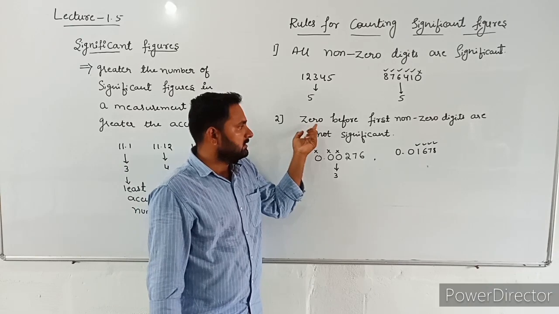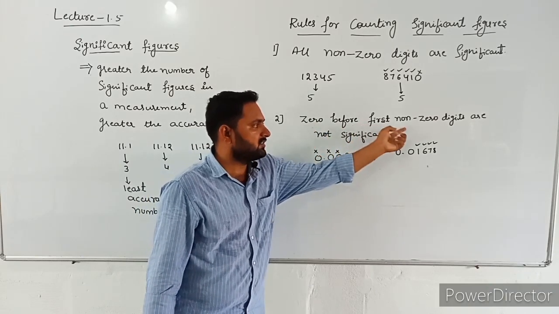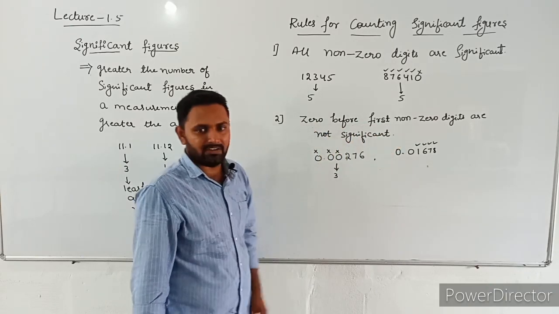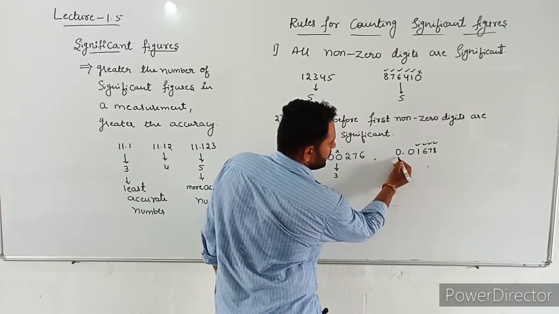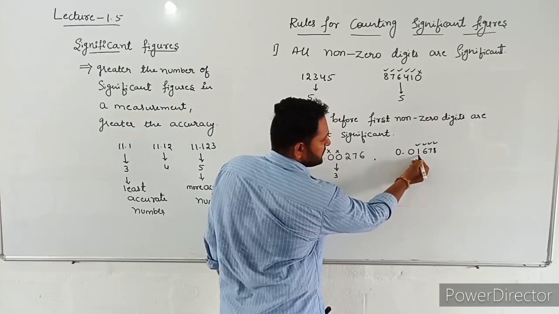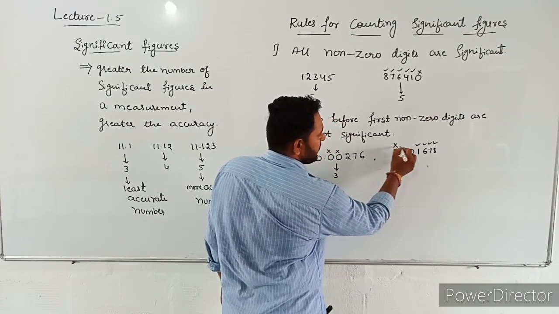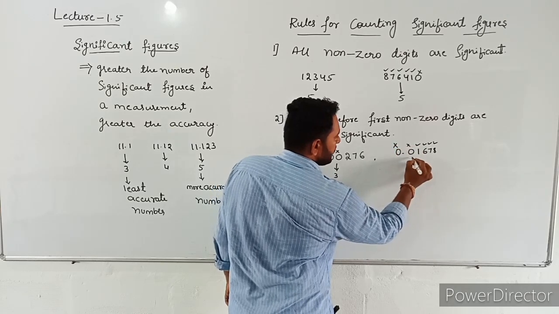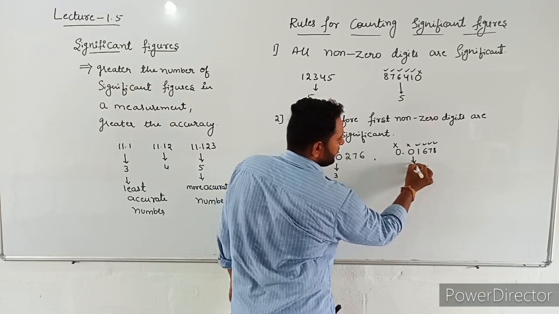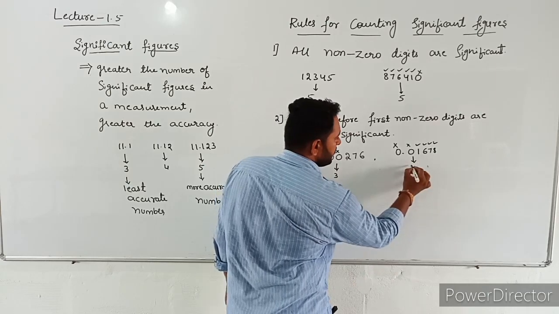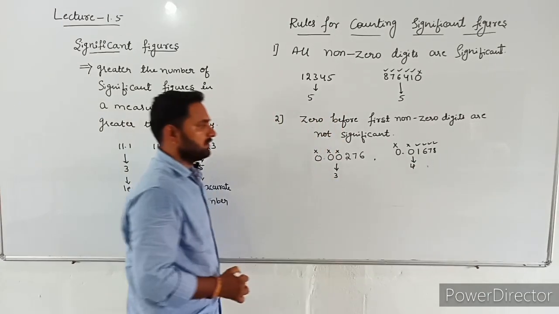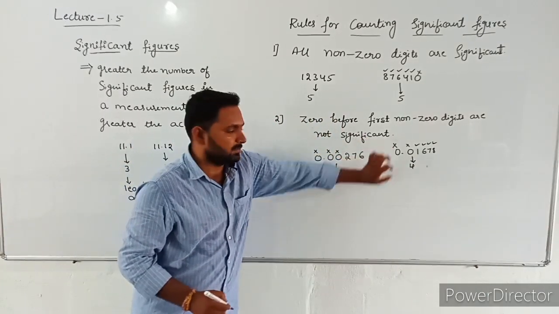According to the second rule, zeros before the first non-zero digit are not significant. These two zeros are before the first non-zero digit. That's why they are not significant. Now tell me how many significant figures are present in this number? There are 4 significant figures present in this number.